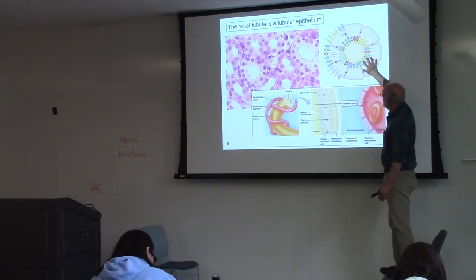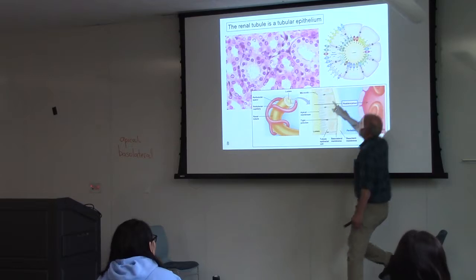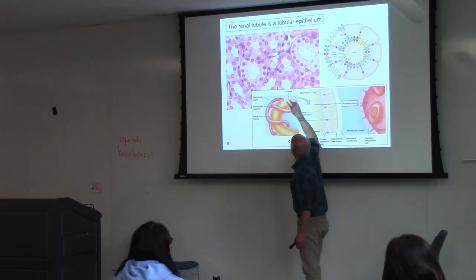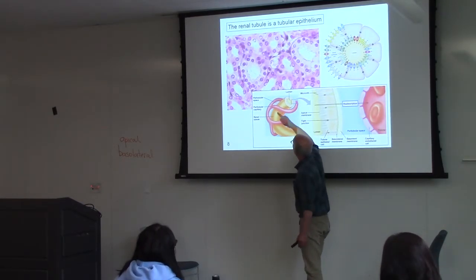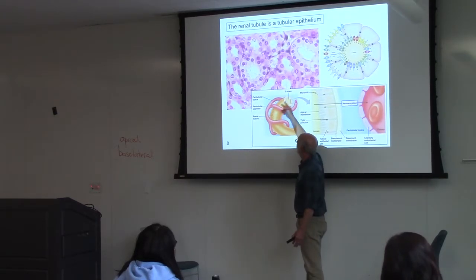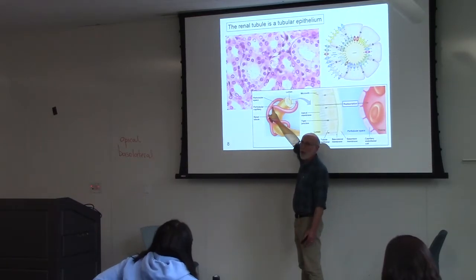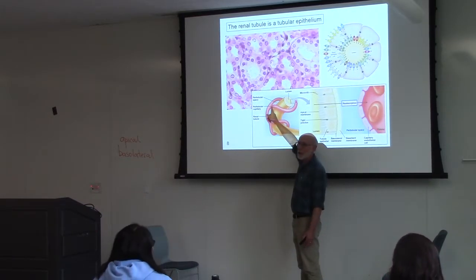So here is the image of the tubule, in cross-section, showing the tubule and the fluid-filled space surrounding the tubule, between the tubule and the capillary. Remember, all of this stuff is surrounded by capillaries as well.